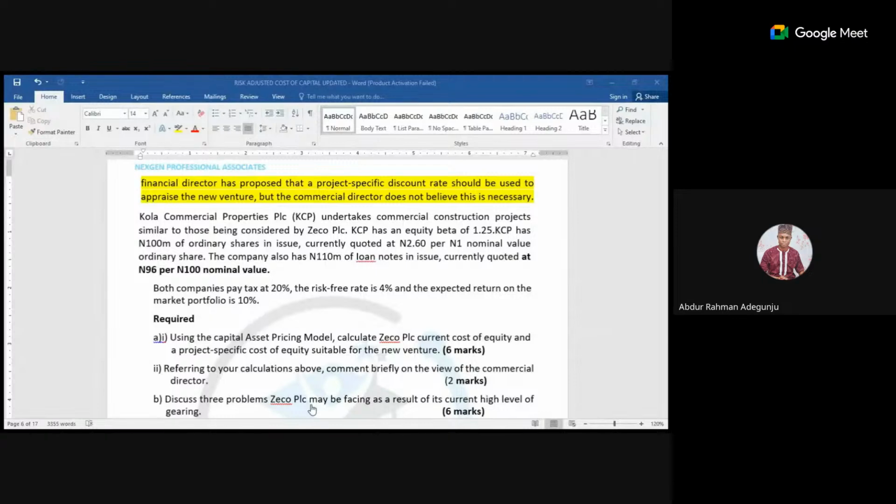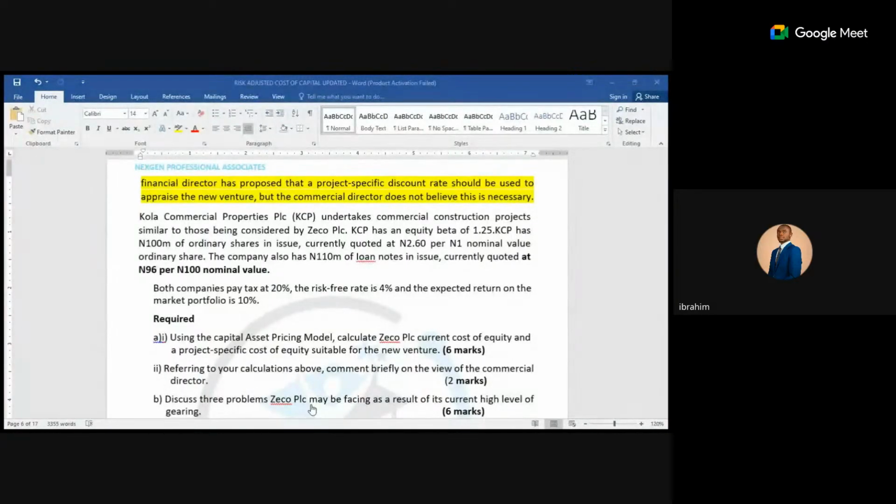Are you saying that the commercial director would have understated the profit? No, you would have overstated it. If you use the normal cost of equity, you would have overstated the project, which will not be appropriate because it does not actually include the risk.